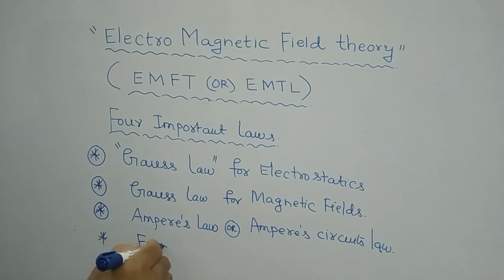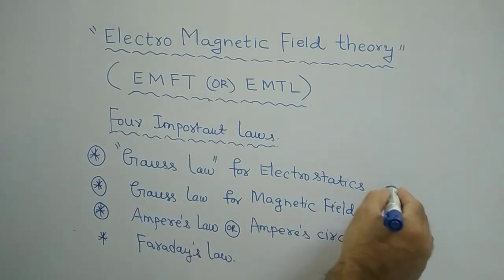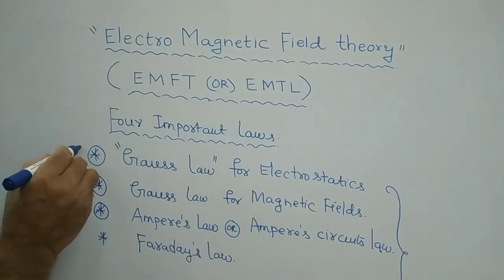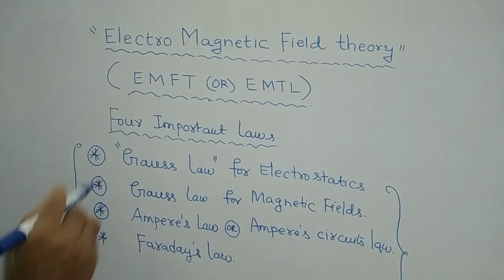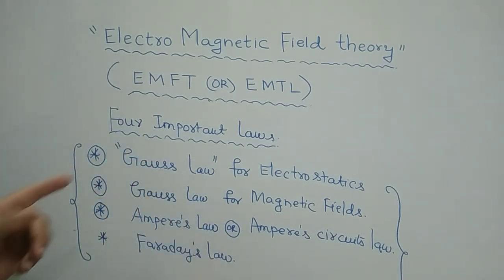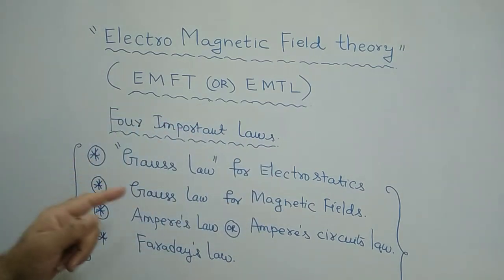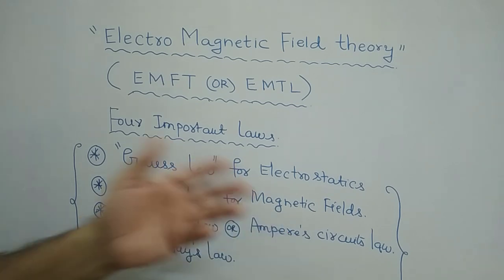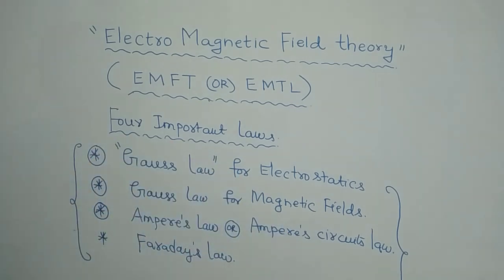So this is the fourth law. Collectively, these are the four very important laws around which our whole subject revolves. Therefore, first is the Gauss law for electrostatics, Gauss law for magnetostatics, Ampere's law or Ampere's circuit law, as well as Faraday's law.